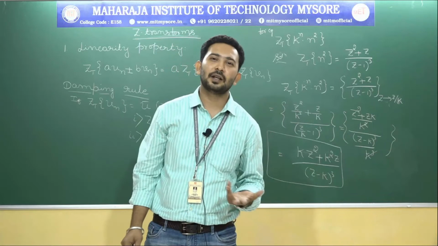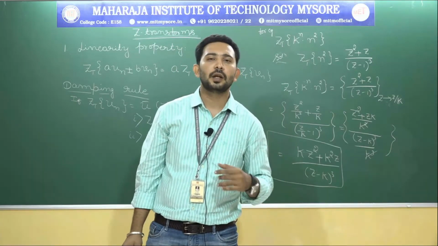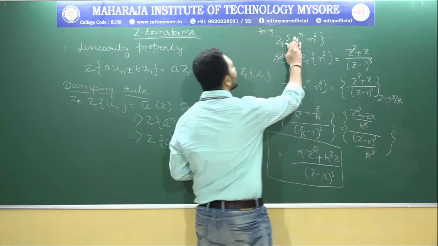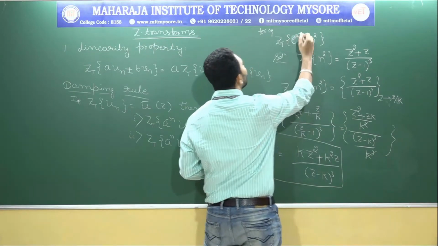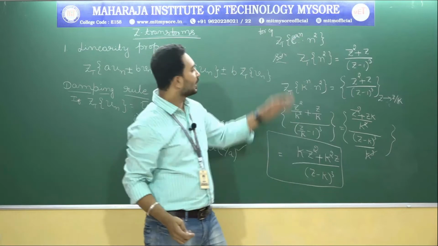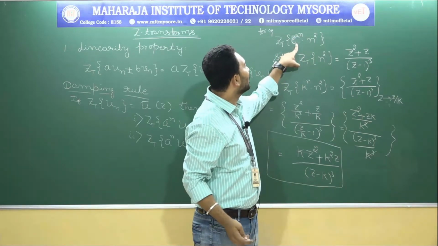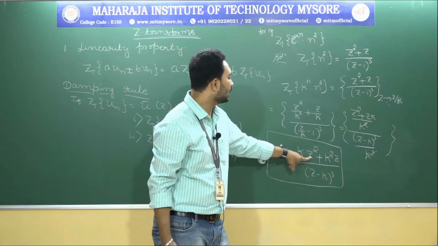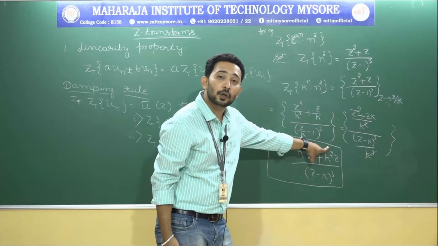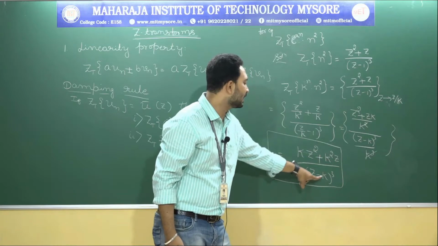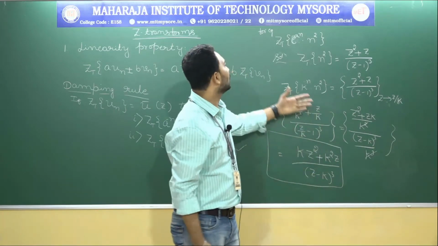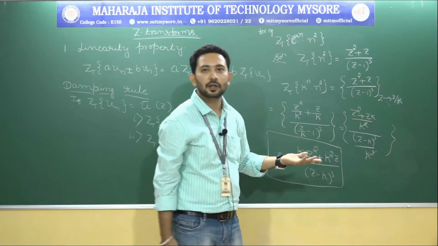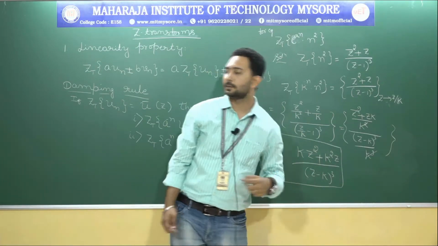Similarly, we can find k power n into n cube. If they have mentioned in the place of k like e power a, then replace k by e power a here, that is e power a z square plus e power 2a z divided by z minus e power a whole cube. Similarly, if they mention 2, then replace k by 2 like that.